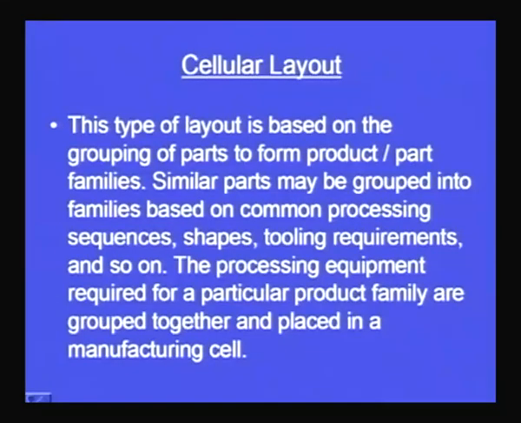So, if we link whatever we have discussed till now with what we have discussed just now, we had a problem at hand in which we had 3 different alternatives available with us. These 3 alternatives were the locations available with us, and we have to select the best location out of these 3 locations.